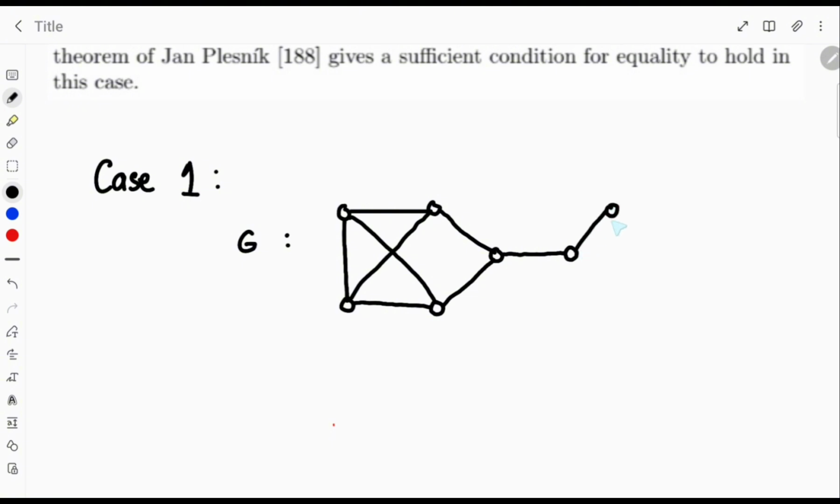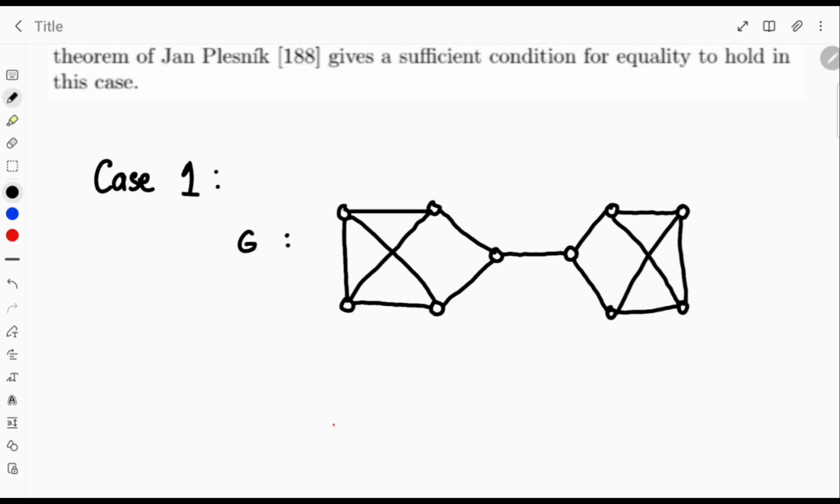Okay, let's just copy here. So this graph is a cubic graph. Why? Because all vertices in this graph have degree of 3.